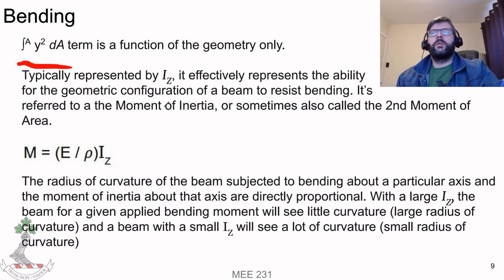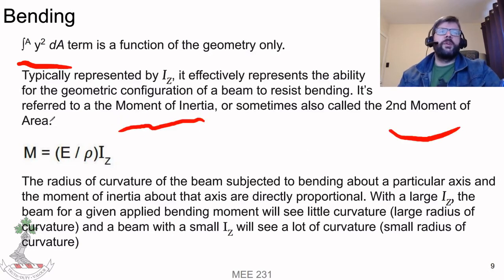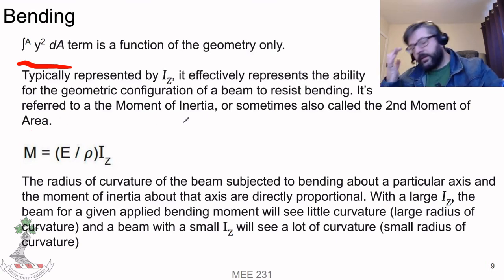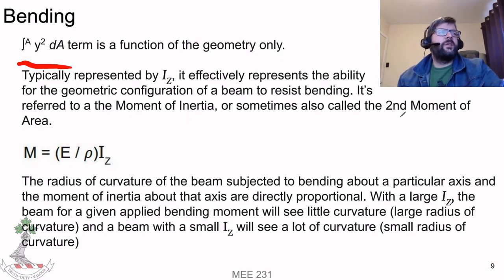We typically represent that as Iz, and that is basically a number that represents the ability for a particular beam cross-section to resist bending. That is often referred to as the moment of inertia, or sometimes the second moment of area, depending upon who you're talking to. Either one works. If you look it up on Wikipedia, I'm pretty sure it's under second moment of area.